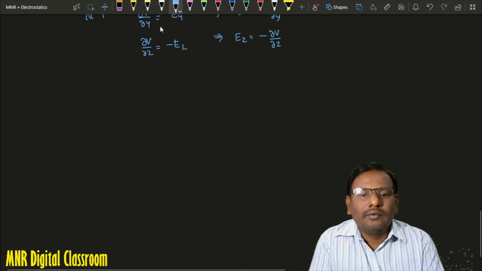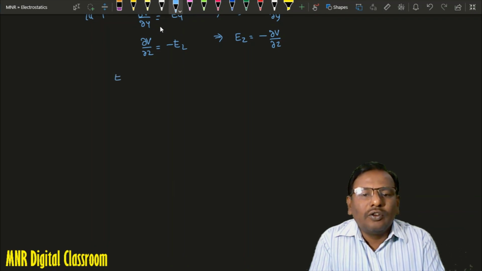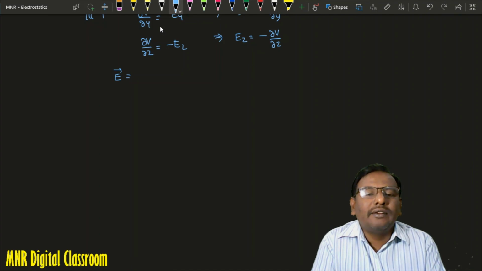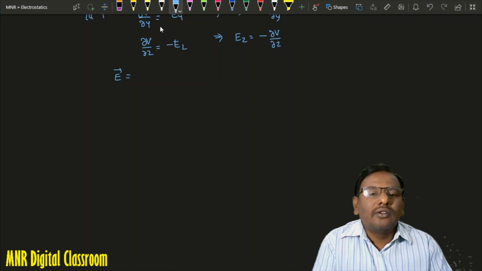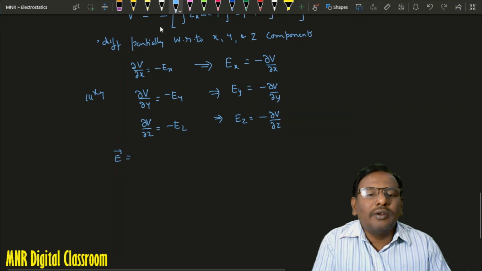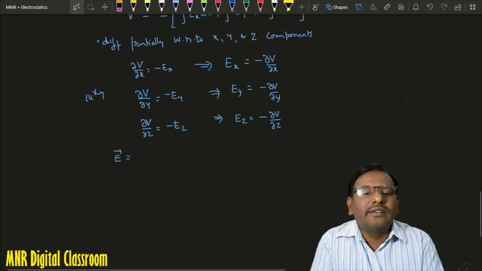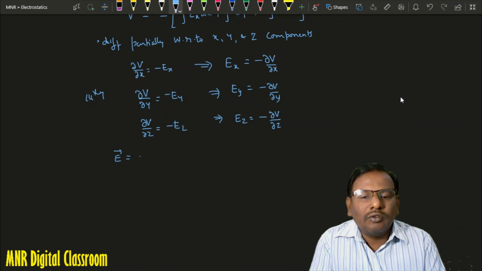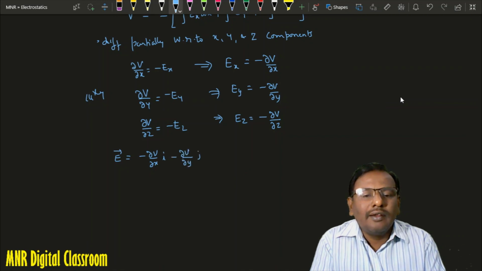Therefore, we know already that E bar is equal to Ex i plus Ey j plus Ez k. Substituting the components Ex, Ey, Ez, we get E bar is equal to minus dou V by dou x i minus dou V by dou y j minus dou V by dou z k.